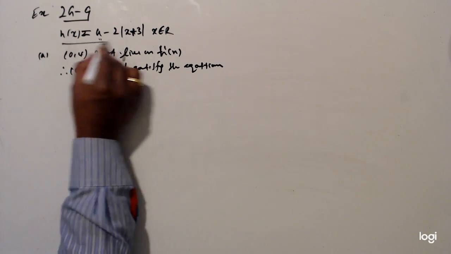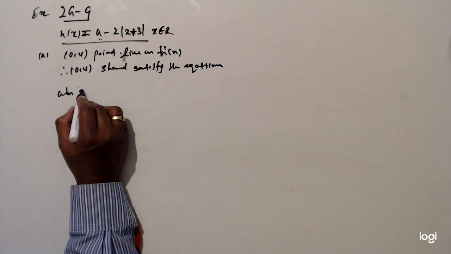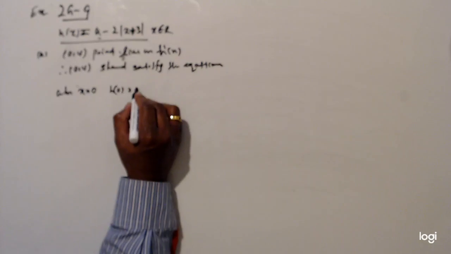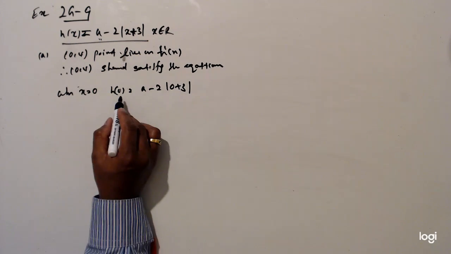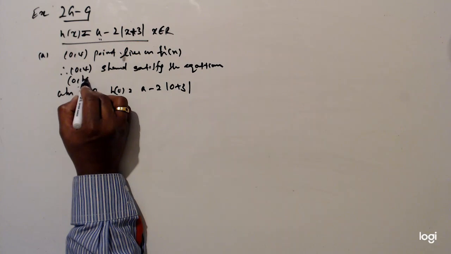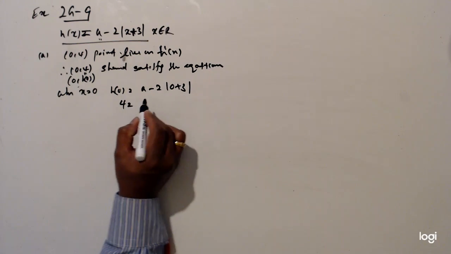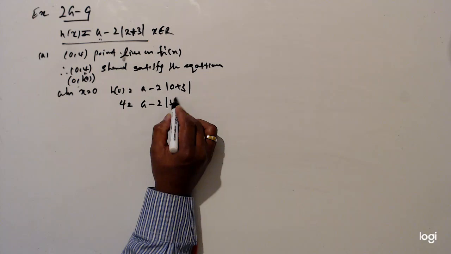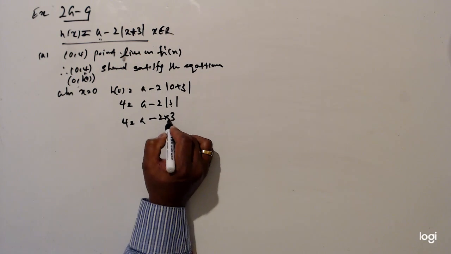So we'll apply when x equals 0, h0 equal a minus 2 times mod 0 plus 3. What is h0? So this is the 0, 4 point. So h0 is 4. 4 equal a minus 2 times mod 3. 4 equal a minus 2 times 3.